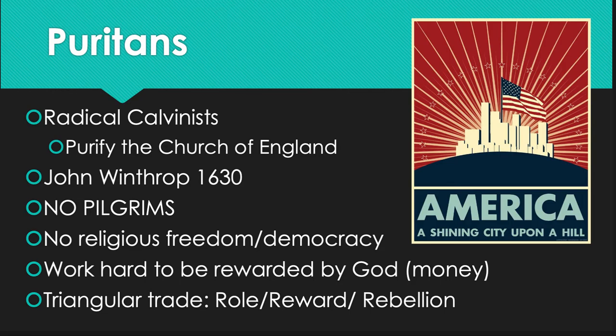Remember, God showed that He liked you through the money that you were given. Now, if this government is taking away your money, you've got to find a different way to make money. So they participated in triangular trade in order to kind of get back what they felt was earned to them.